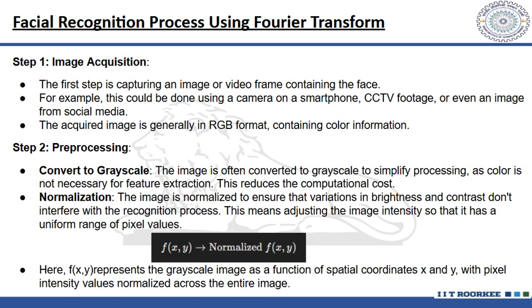We convert the image to grayscale to reduce the complexity. Then we normalize the image to handle brightness or contrast variations. The image function in this step can be written as f(x,y), where x and y are the spatial coordinates and the pixel intensities are normalized.